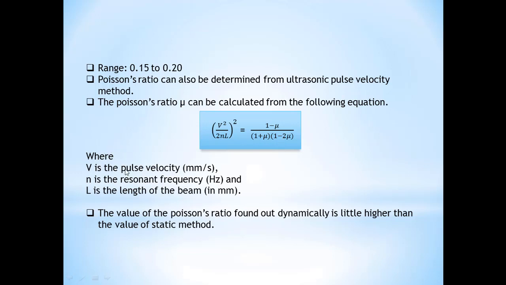Here v is the pulse velocity, you can measure it in mm per second, N is the resonant frequency, and L is the length of the beam, we can measure it in mm, where mu is the Poisson's ratio. The value of Poisson's ratio found out dynamically is a little higher than the value of the static method.